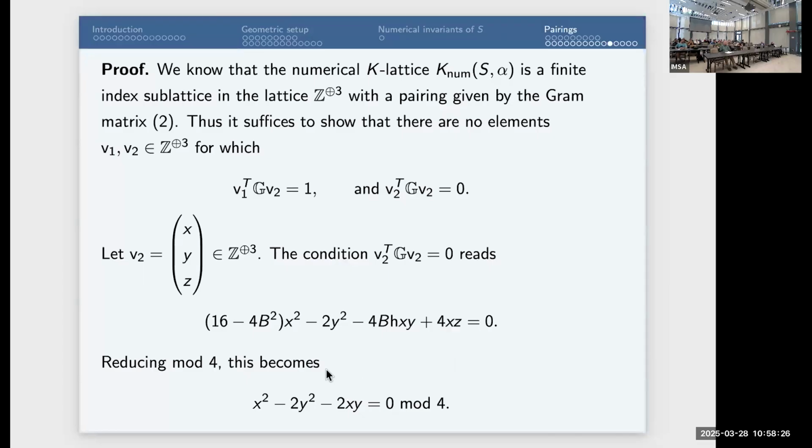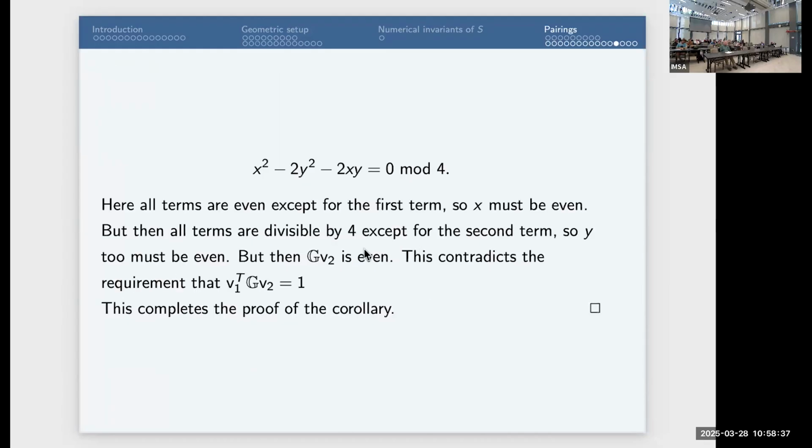Let's reduce mod 4. 16 goes out. So when I reduce mod 4, I'm left with x squared minus 2y squared minus 2z squared. Now, notice that all terms here are even, except possibly for the first term. We know about x squared. The thing is equal to 0 mod 4, so x has to be even.